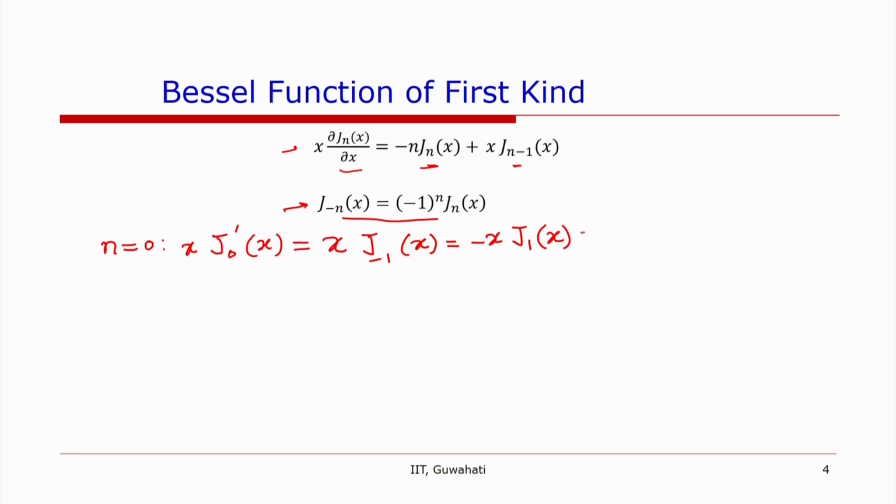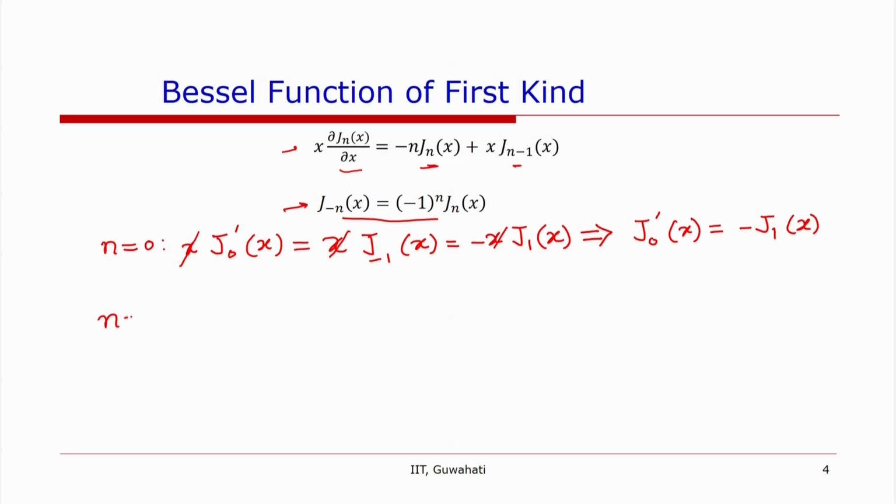We can cancel out x from all, and we have that J 0 dash x, the derivative of J 0 with respect to x, is equal to minus J 1 x. We might require this later on.